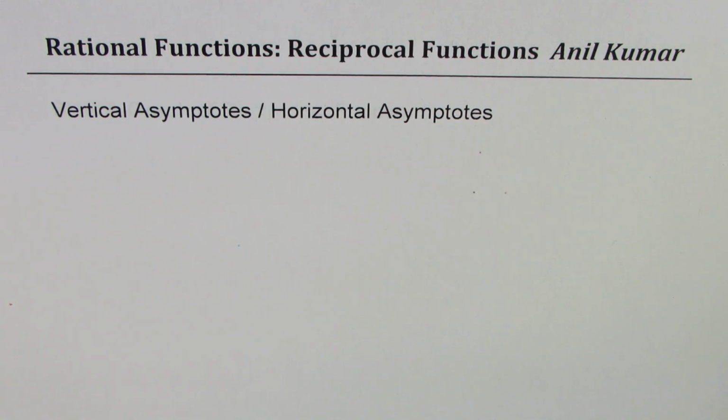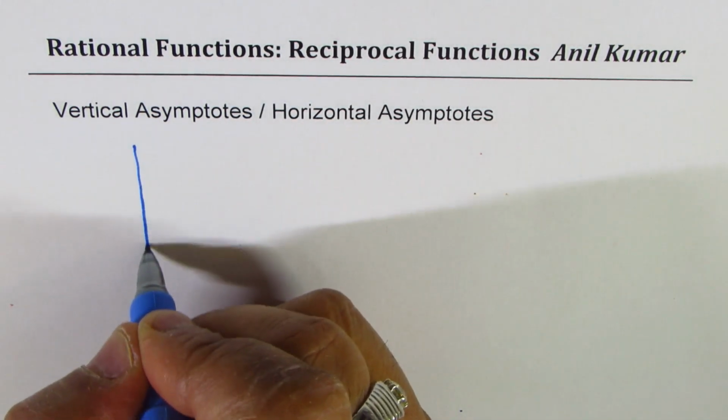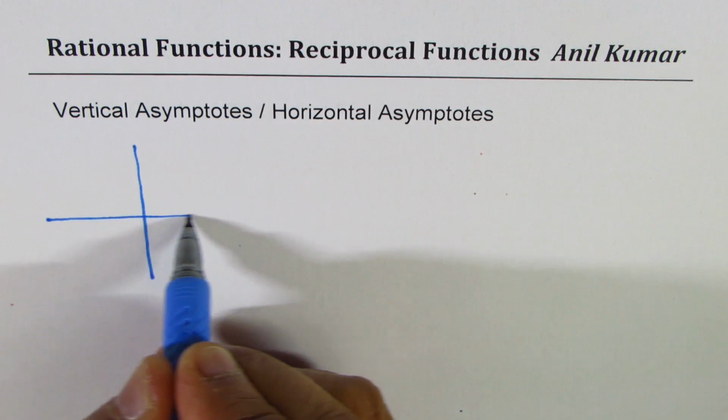So before we get into sketching, we'll talk about asymptotes, vertical and horizontal asymptotes. Now, let me sketch a graph. I'll begin with the graph of a straight line.